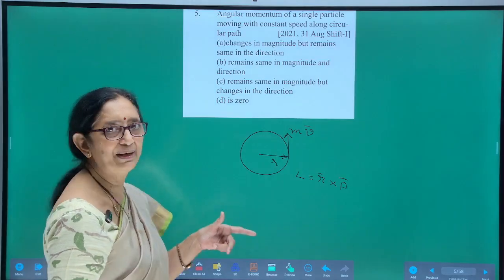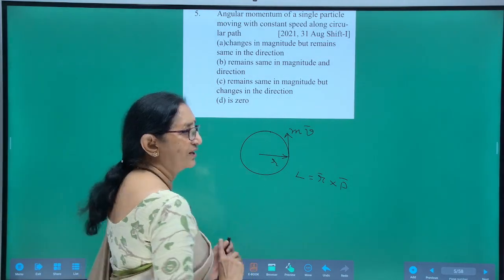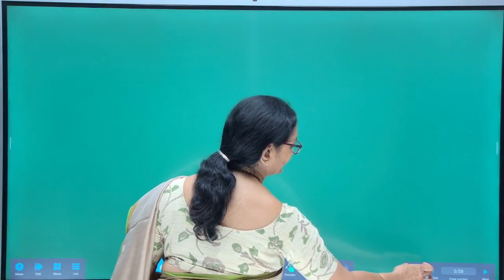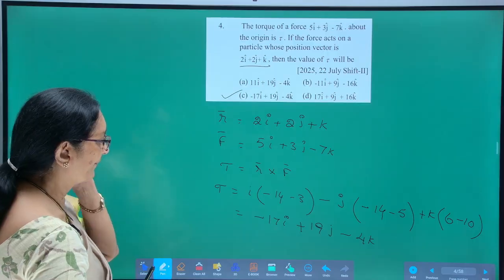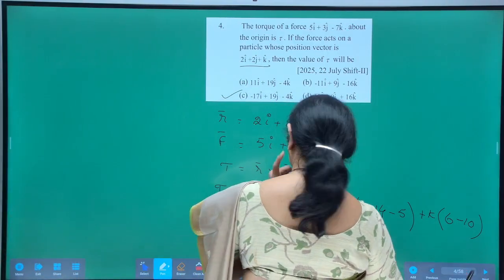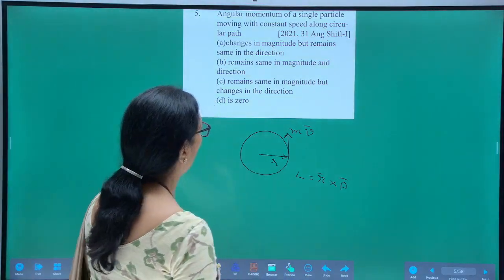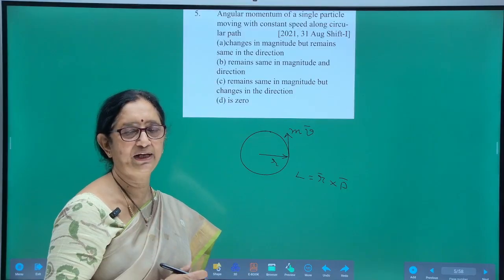That is given by Fleming's left hand rule or Maxwell's corkscrew rule. So, the direction of angular momentum will be perpendicular to the plane containing the plane of rotation.